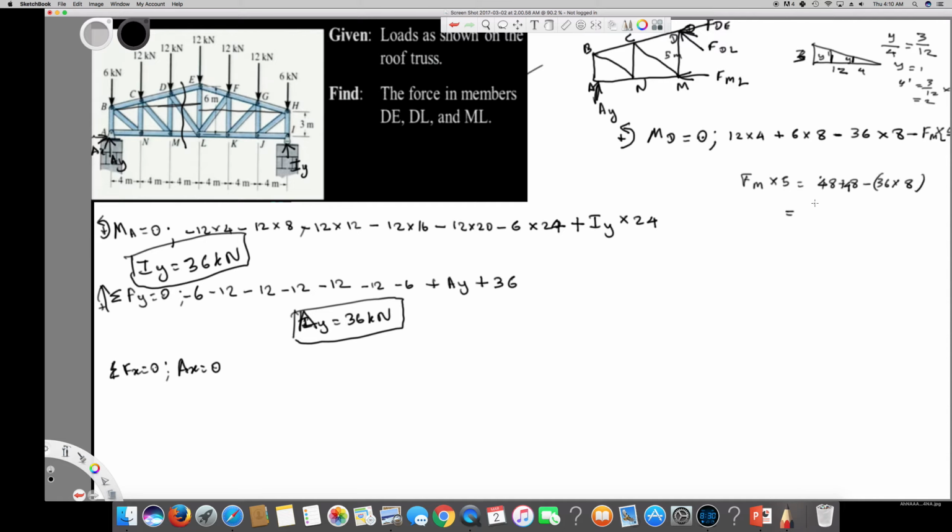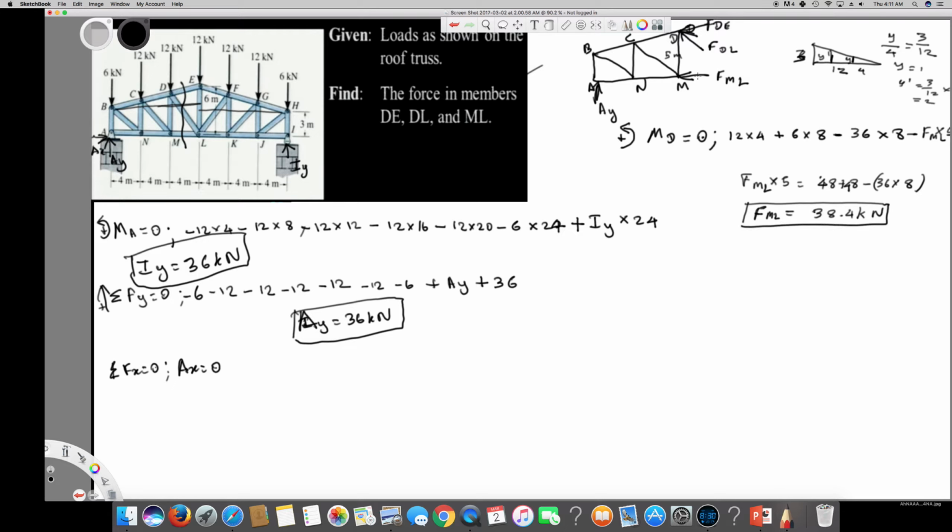From looking at it, we know this is a negative answer, and let's calculate. It's going to be 38.4 kilonewton. So FML is 38.4, and since this is negative, our assumption is wrong and we have to change the direction.